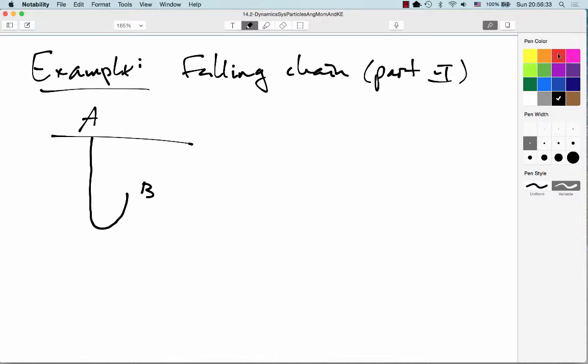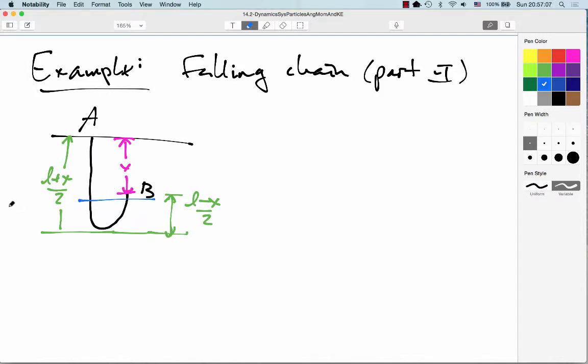We'll go ahead and say that this distance here is x. So then this distance here will work out to be (L plus x) over 2, and this distance here will work out to be (L minus x) over 2. And then, whoops, that's probably a little overly optimistic.